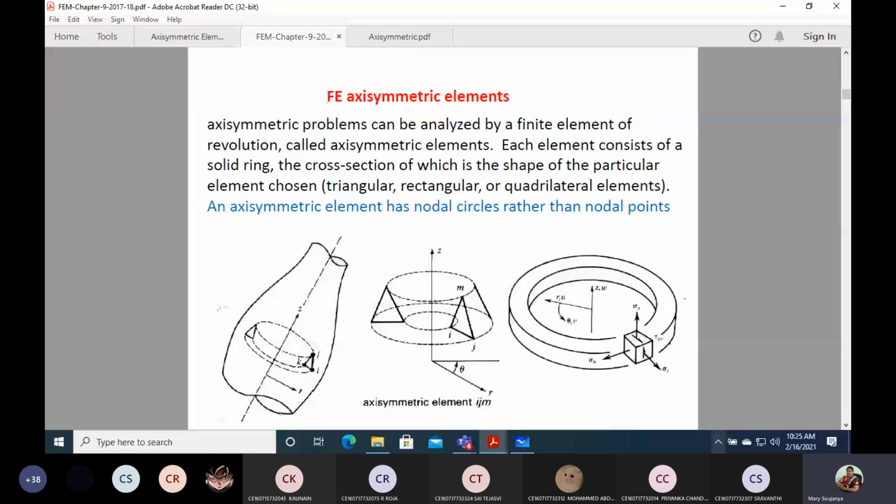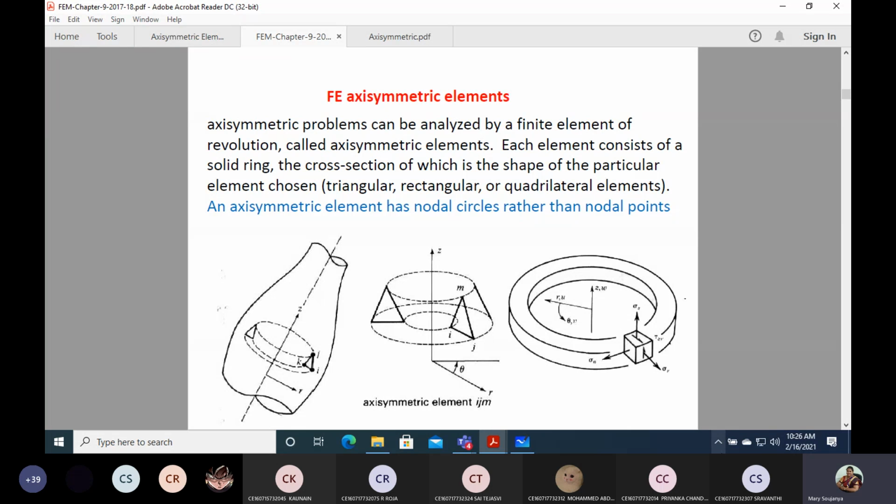Axisymmetric problems can be analyzed by finite elements of revolution called axisymmetric elements. Each element consists of a solid ring, because it is revolving about an axis, making it a solid. Whenever you take a section, it will have a certain shape from which the ring elements are formed.